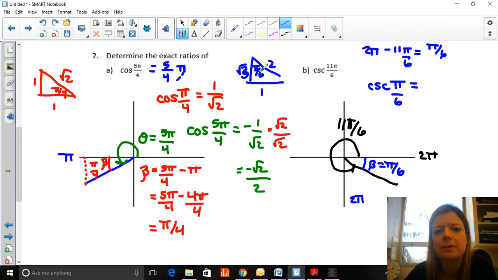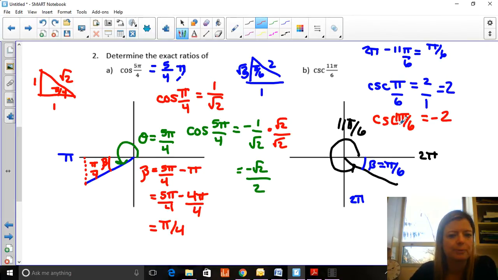So sine is opposite over hypotenuse, so this would be hypotenuse over opposite, so 2 over 1, so just 2. So now we got to decide, is the cosecant of 11 pi over 6 2 or negative 2? Well, sine is negative in this quadrant because y is negative, so therefore the cosecant will also be negative, so that answer is negative 2.